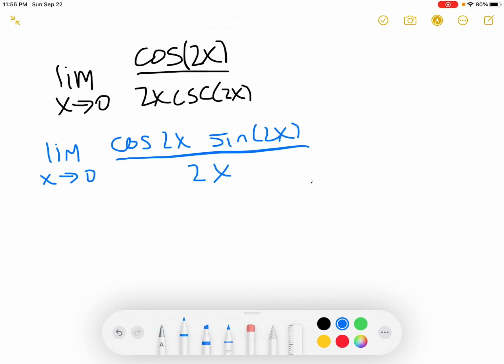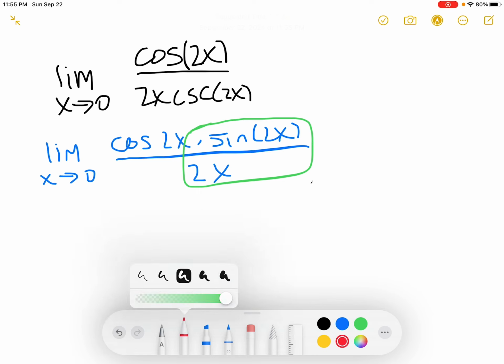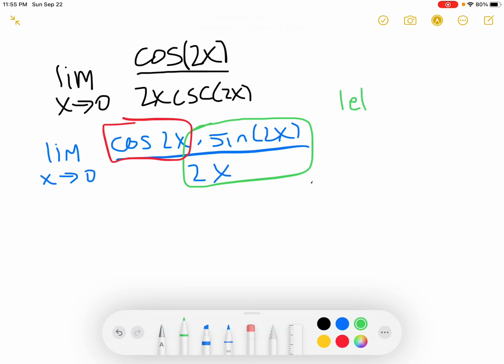Now that doesn't look so bad, right? We see that this looks like what we've been doing in the video, and then we don't even have to worry about this guy because he's just a simple limit to take. So I'm going to let theta equal 2x.